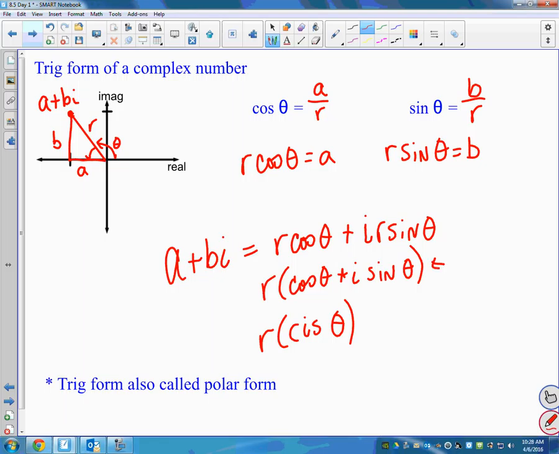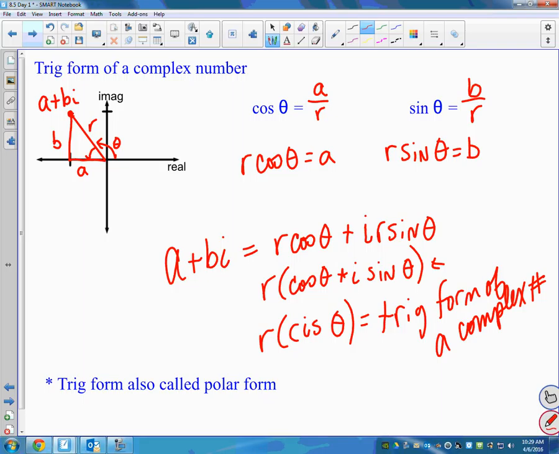To me, this is the same, right? This is all worked out. That's just shorter to write, because theta is going to be the same value in both of these. This is the trig form of a complex number. So what we're going to practice today is just going from one form to the other, and then tomorrow I'm going to show you something that we can do.